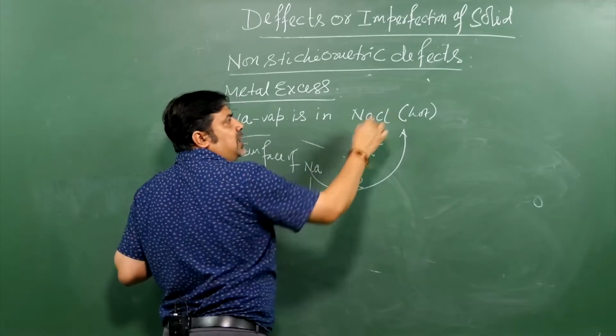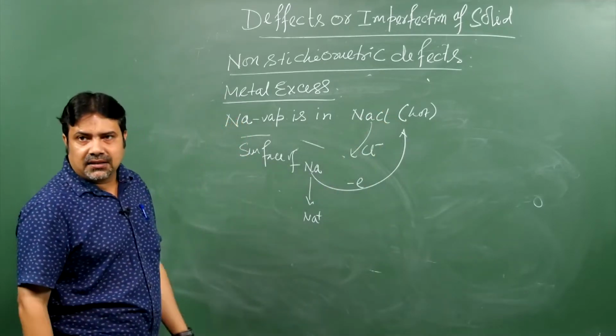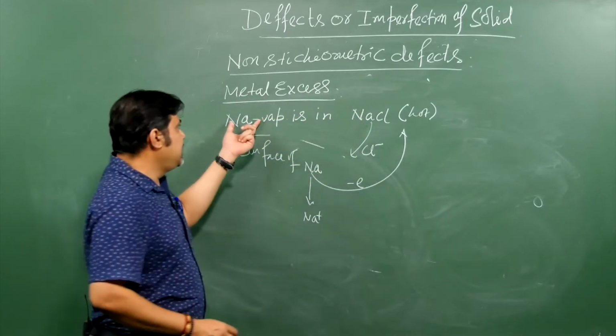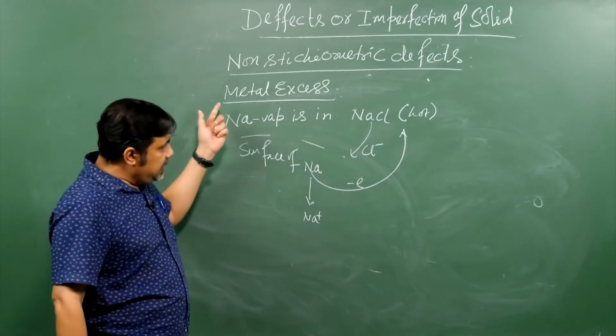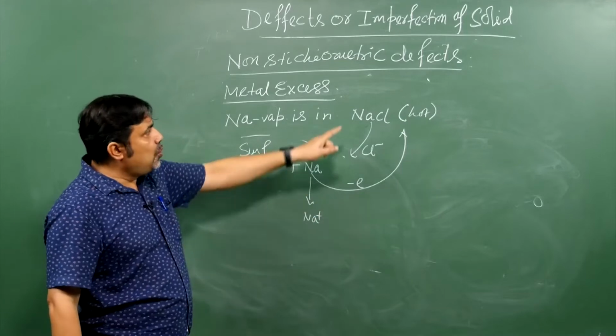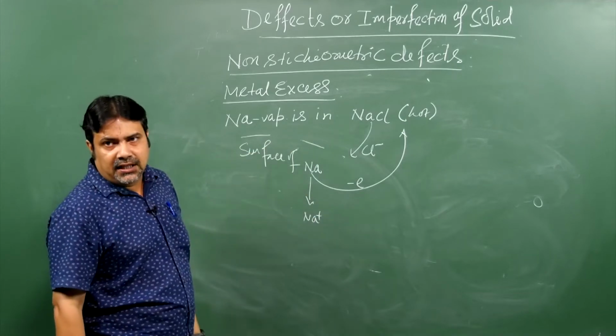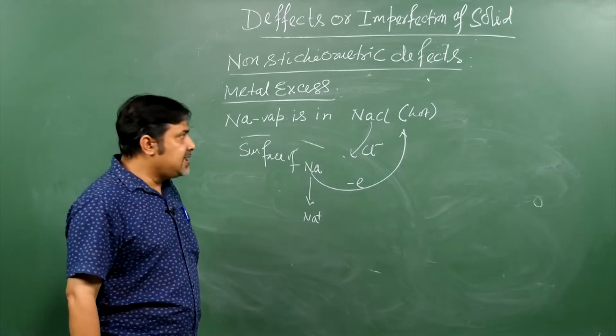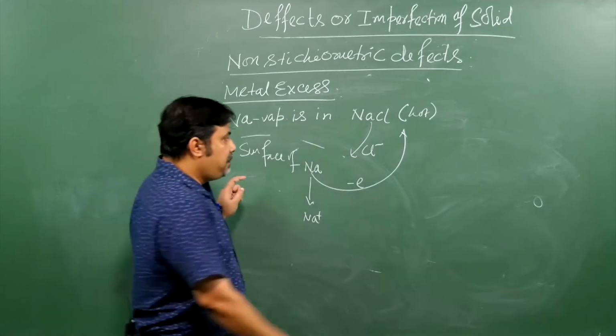This electron will take the position of the chloride. Whenever you heat NaCl with sodium vapor, the electron from the sodium goes to the place of the chloride in the NaCl lattice, and the chloride comes from the lattice positions of the NaCl.